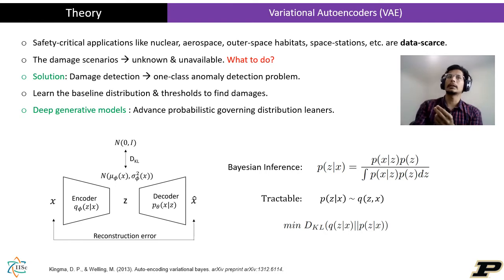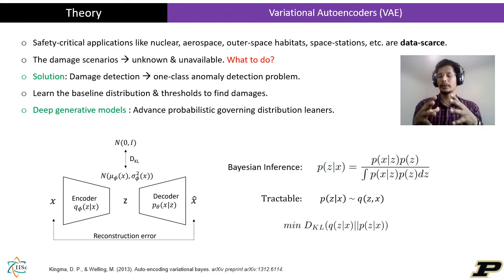However, in unsupervised learning, we'll be talking about the one class anomaly detection problem. So what happens in the one class anomaly detection problem? You have only one class. Like with the current applications I have shown, we cannot get all the damage scenarios. So why not just train on what you have? We have a huge amount of baseline data.